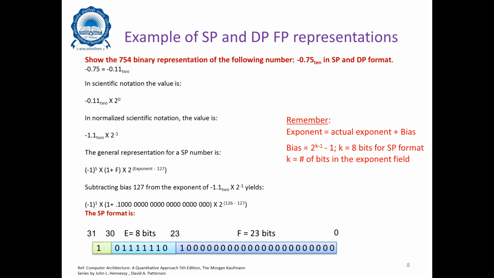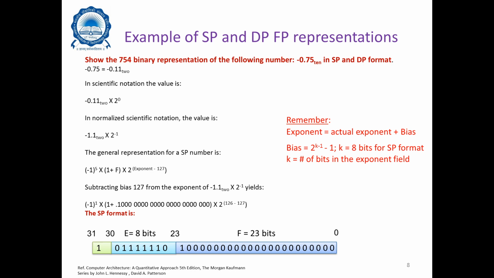So we have shifted the number to the left, as a result of which the exponent value has decreased. From 2 to the power 0 it has become 2 to the power minus 1. From minus 0.11 it has become minus 1.1 because of shifting of the fraction part to the left.